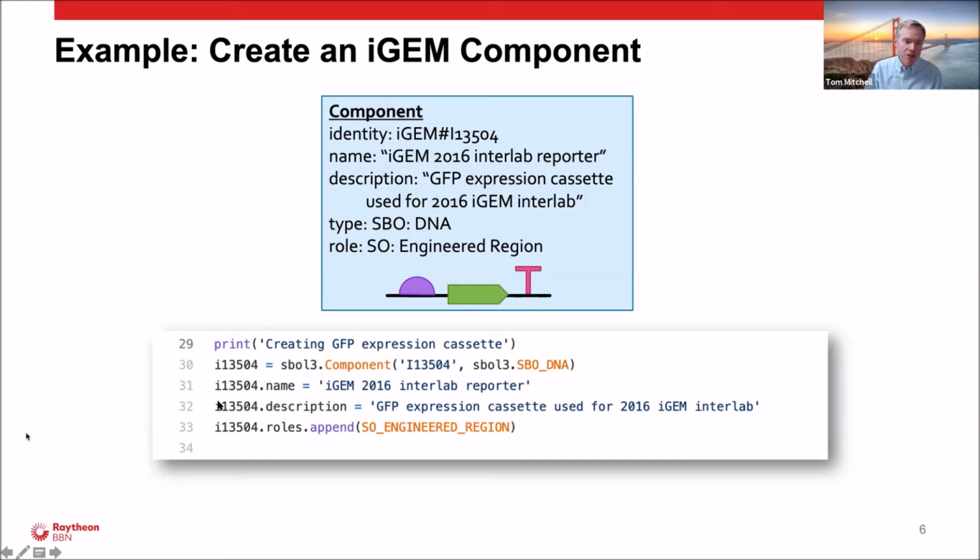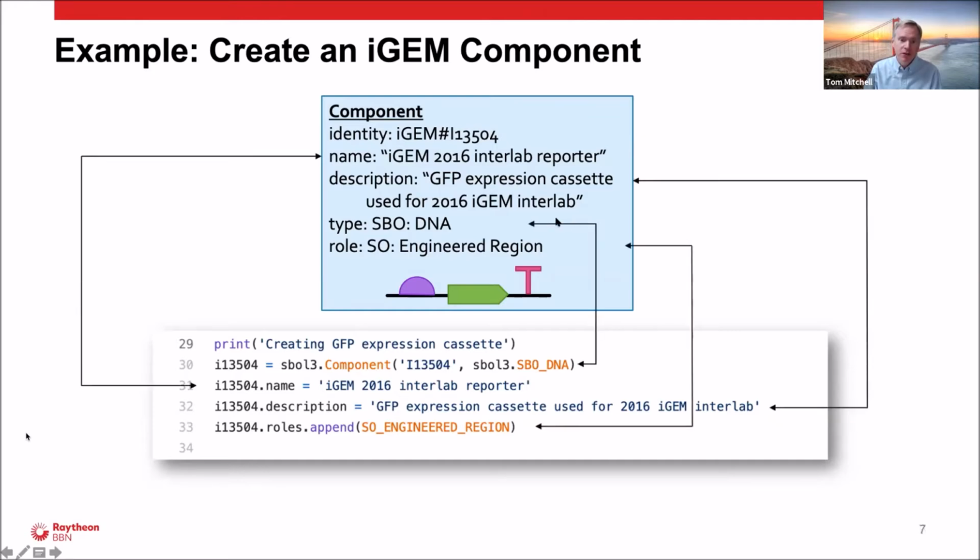And then on the next 3 lines, we set the properties on that object to the values we want. Here are the arrows that link it all up. For instance, we want to set the name to this. If you follow down, that's done on line 31. And setting the description, that's done on line 32. So this gives you the parallels between Jake's example and the actual code.